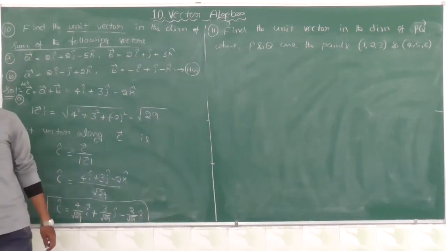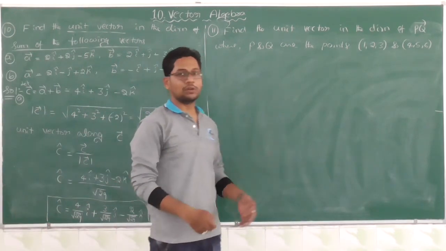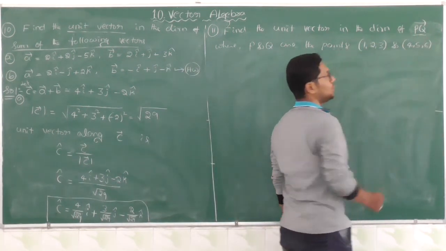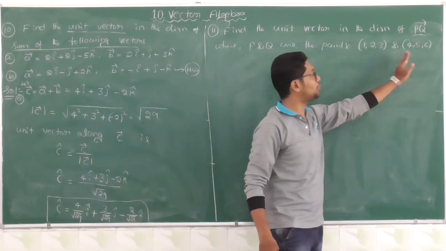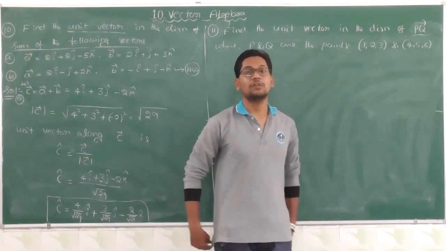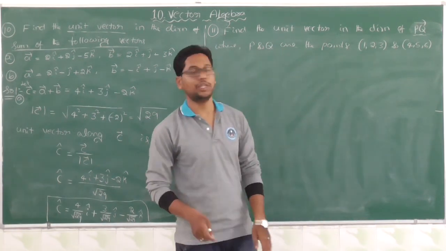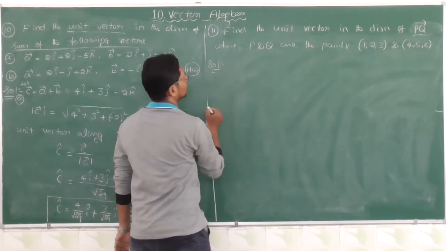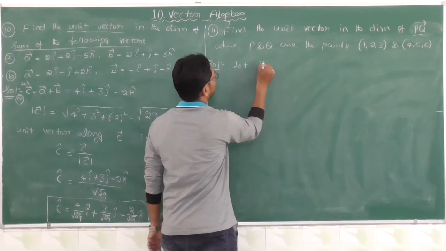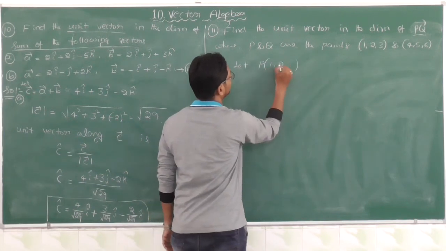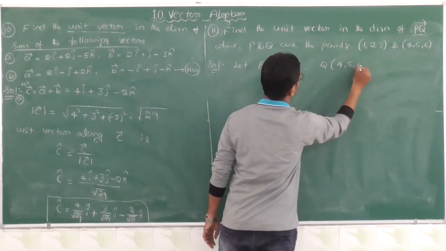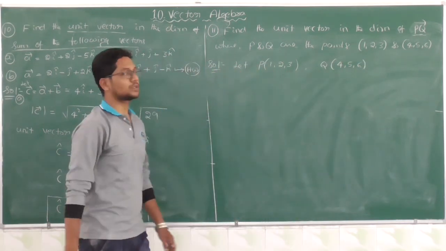Here we have to find the unit vector in the direction of PQ vector. The points are given, which means the vector joining two points. Solution. Let the point P be 1, 2, 3 and the point Q be 4, 5, 6.